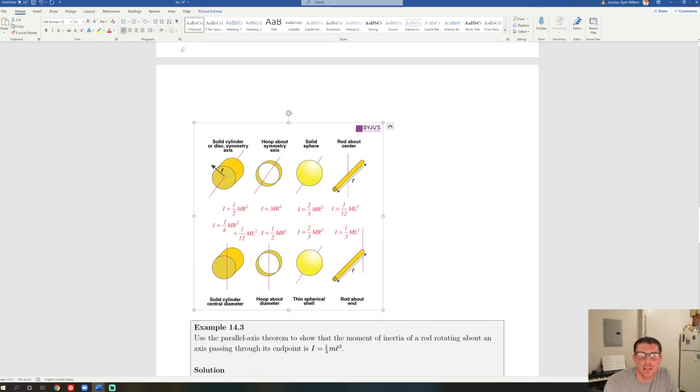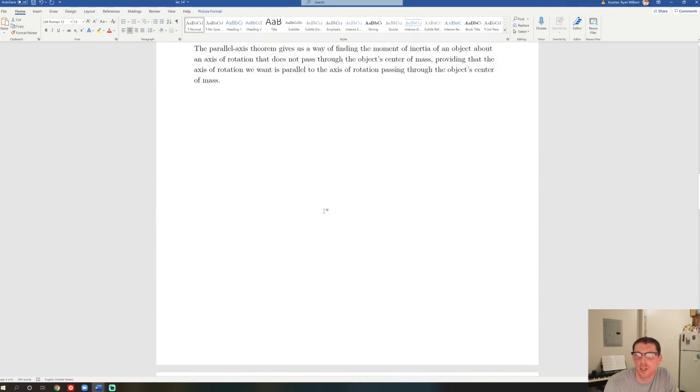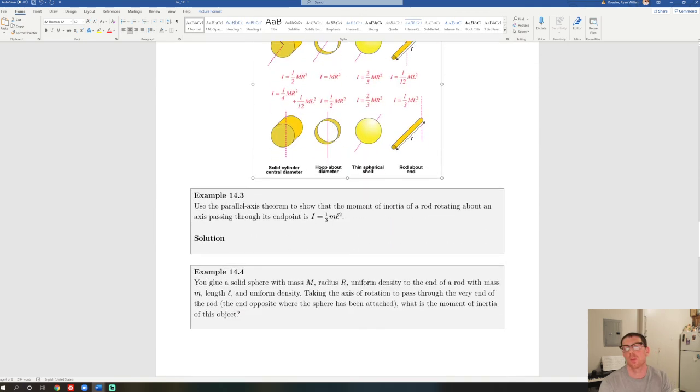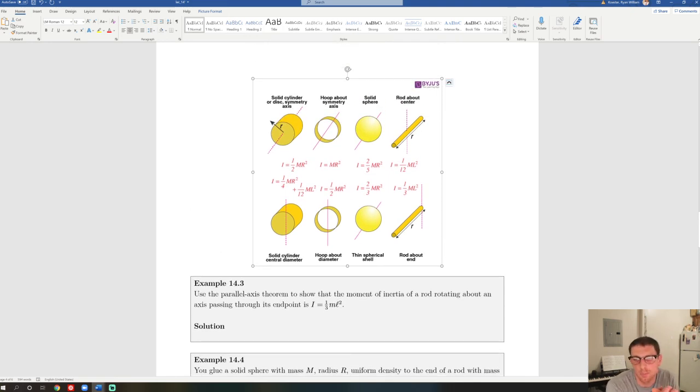So this is a table of some commonly encountered moments of inertia. And we'll come back to the parallel axis theorem in a second. But this is a table of some of the most common moments of inertia that we'll need, right? And we have some pretty, nicely symmetric objects here. We have a cylinder or disc, right?